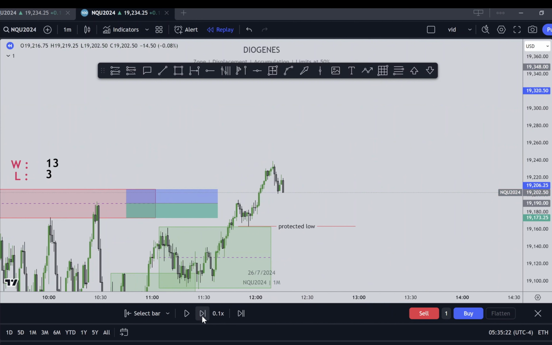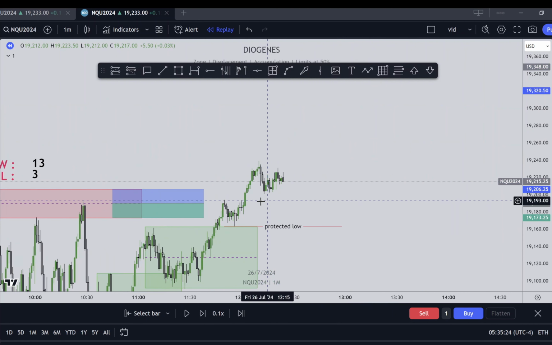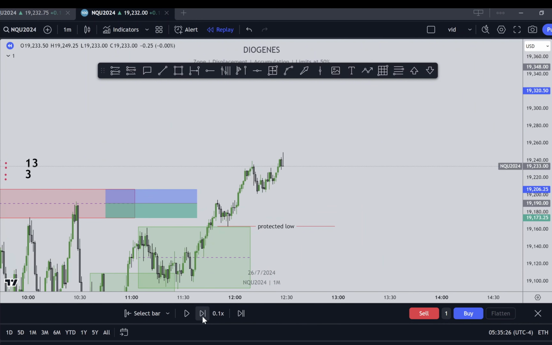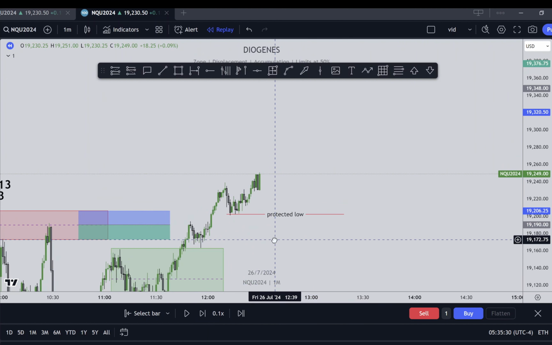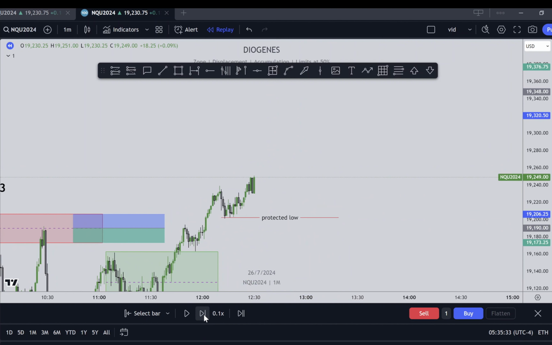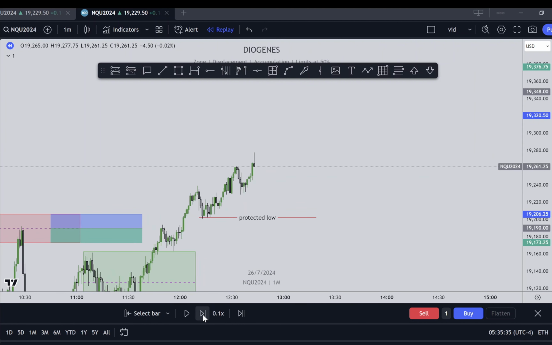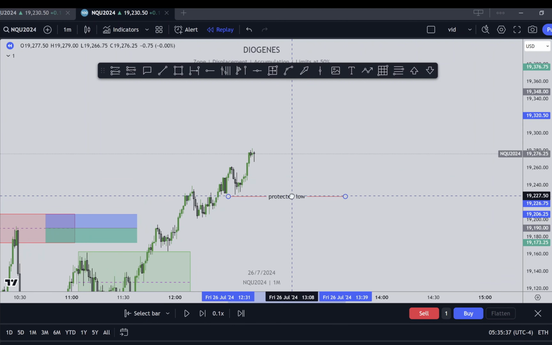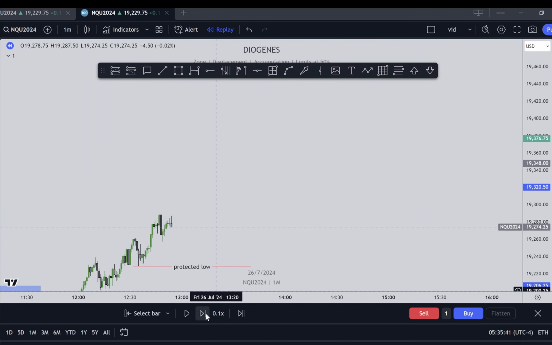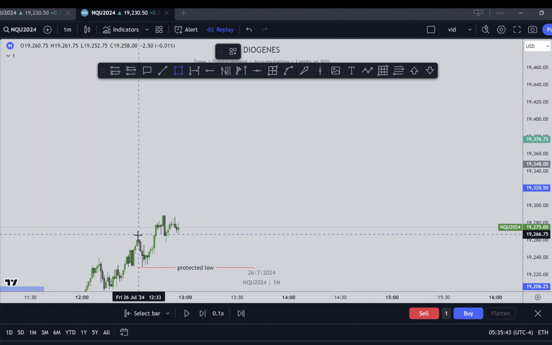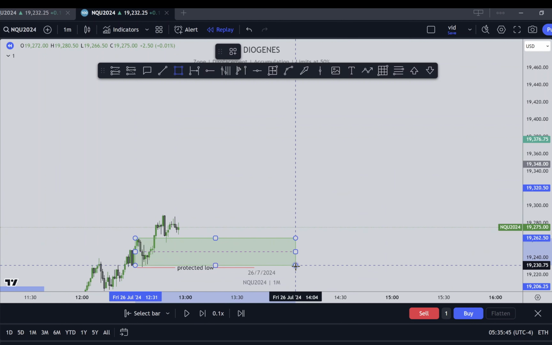Let's see if price gives us the trade at this 50%. No. This is our new protected low. Let's see again. No. Protected low. See if the trade works here.